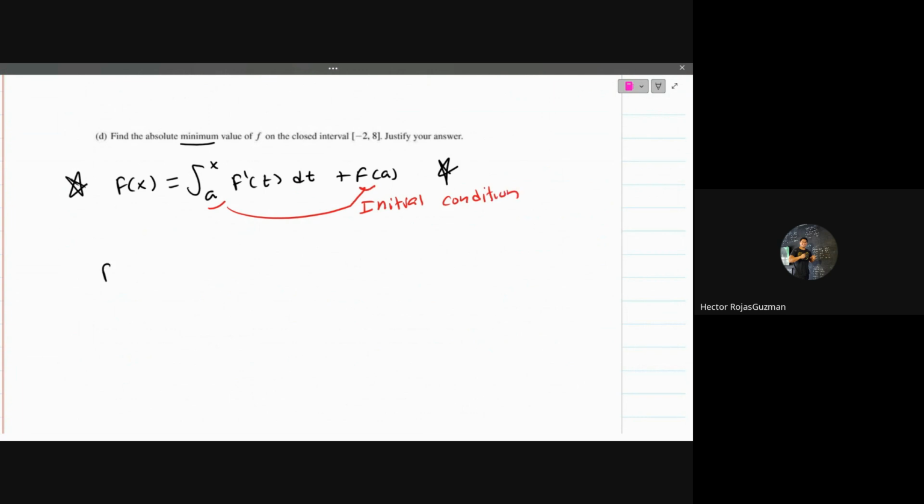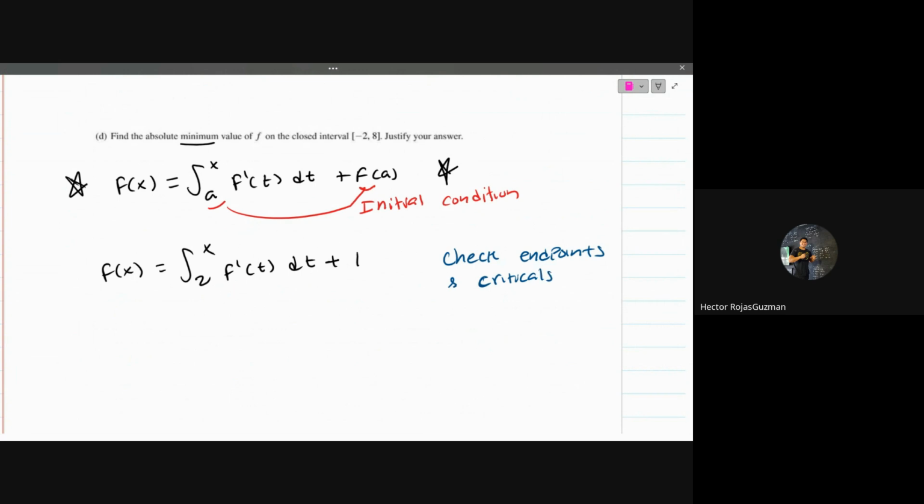So then our function f of x is going to be given by the integral from 2 to x of f prime of t dt plus 1. That was given at the start. Now, to find the absolute minimum, you normally want to check the endpoints and the critical points.